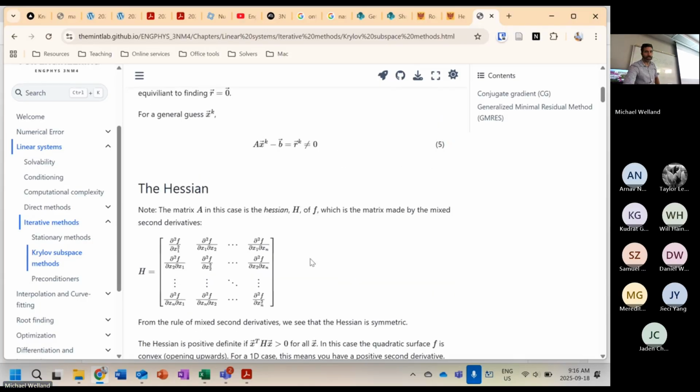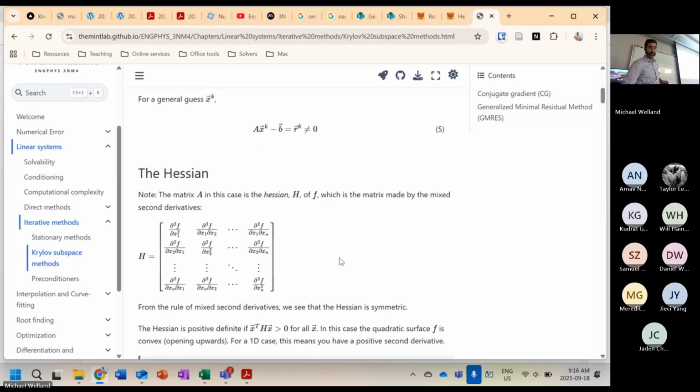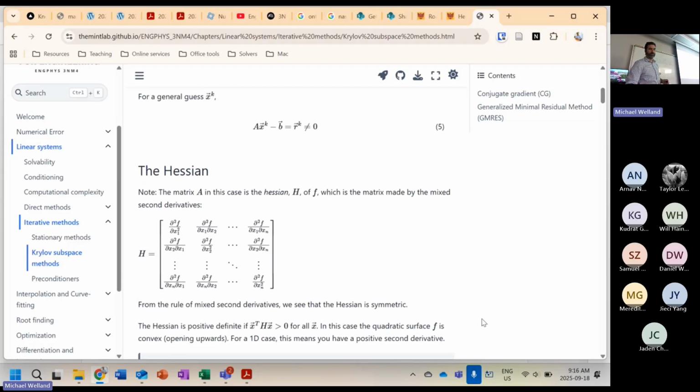And your A matrix becomes the Hessian, the second derivative. That's what this is, right? This looks terrible. It's actually super obvious. This is the second derivative with respect to x1, whatever your coordinate is. This is the mixed one, and so on. If your linear system can be associated with a surface, then you know that the Hessian is symmetric. Only symmetric, not positive definite.